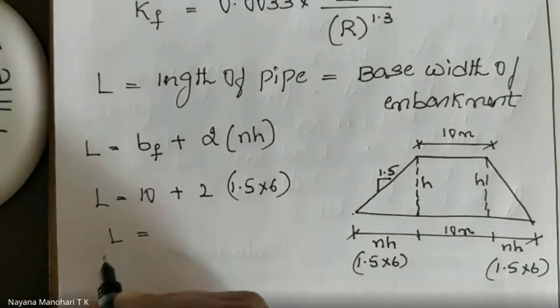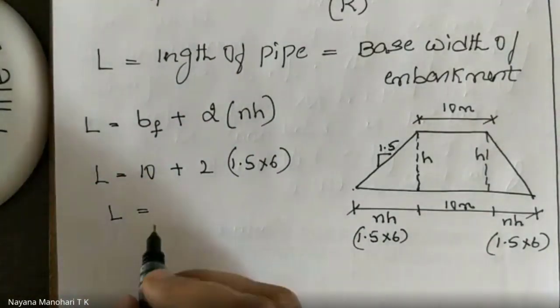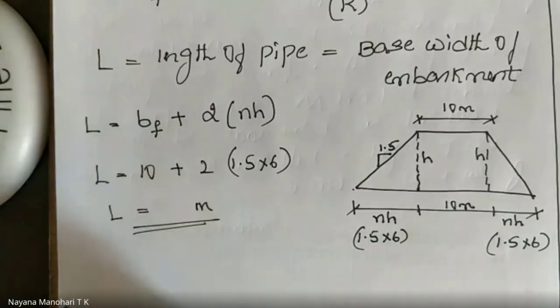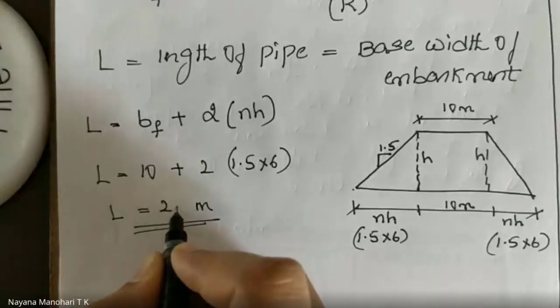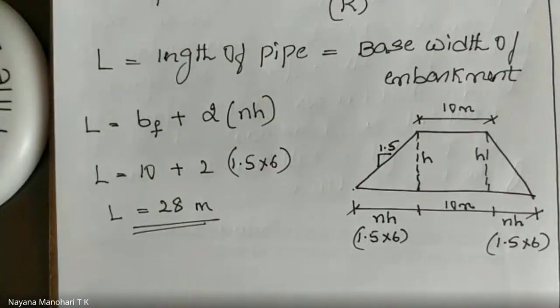Calculate the total length of the pipe. How much? 28, ma'am. It is 28 meter.